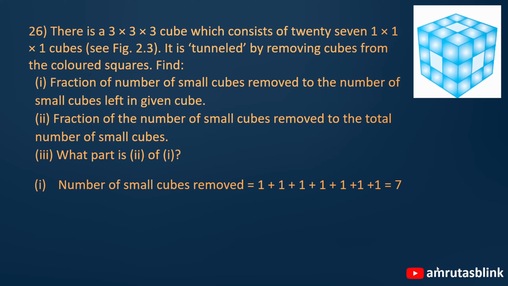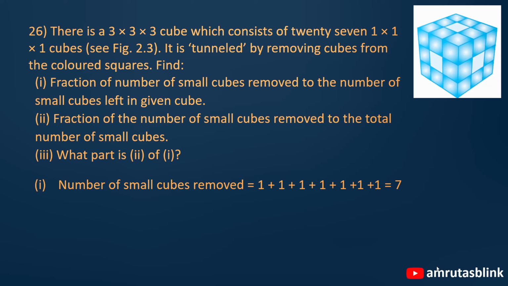So ultimately you create small cubes of 1 by 1 by 1 dimension from this cube. So how many total cubes will be there? You can create 27 smaller cubes. This 27 comes from 3 raised to 3, that is 3 into 3 into 3 is 27.